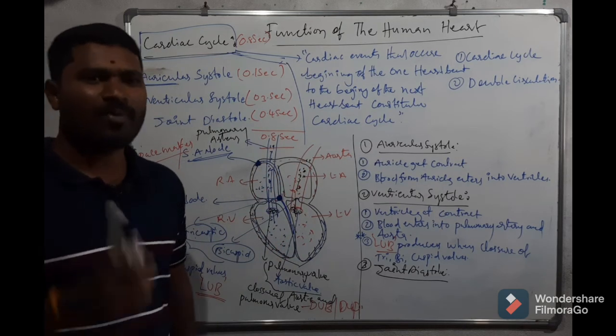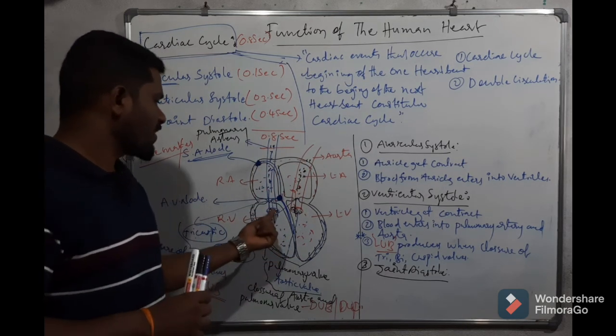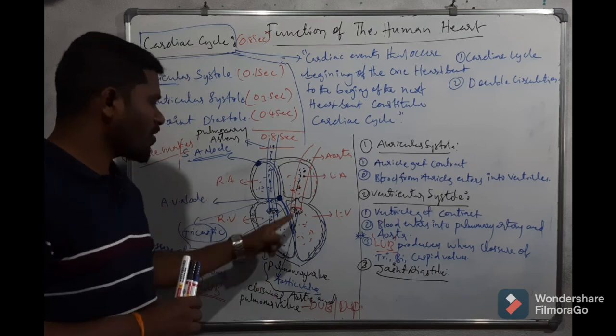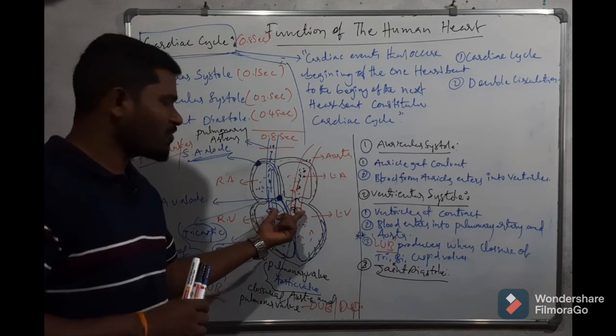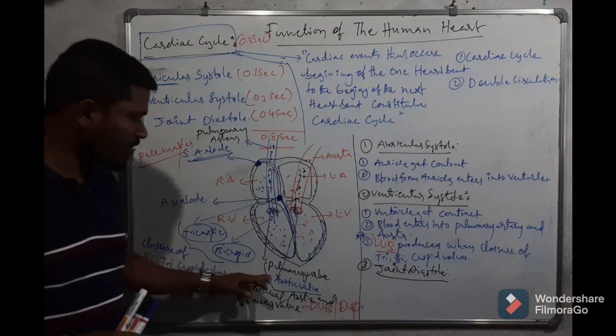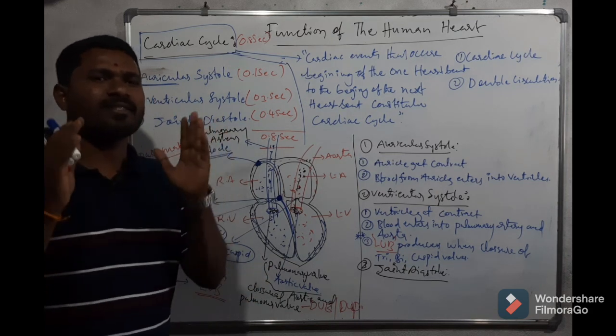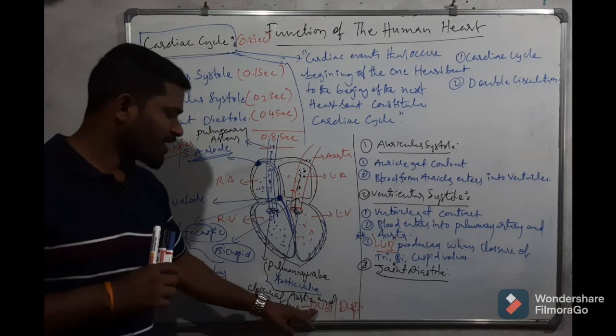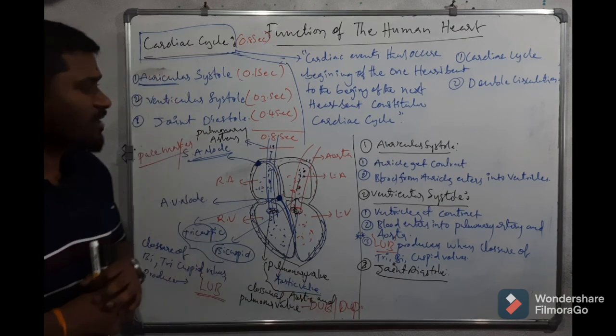To prevent that, the pulmonary valve and aortic valve close. The closure of these valves creates the second sound of the heart, dub.